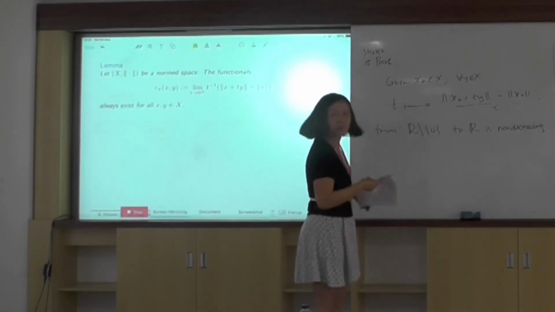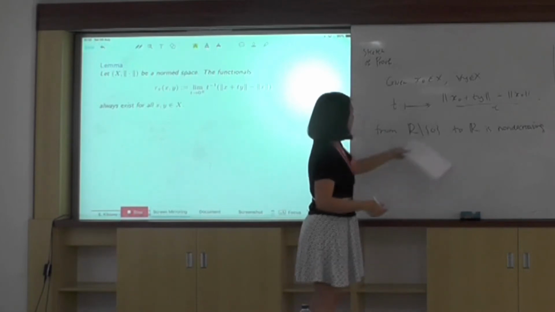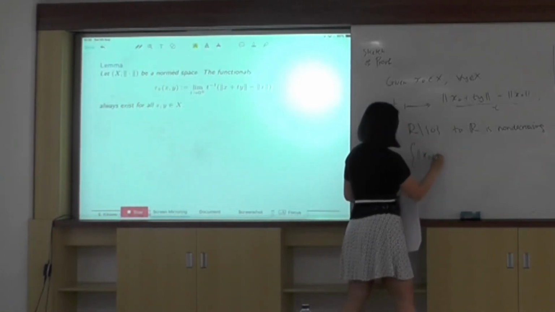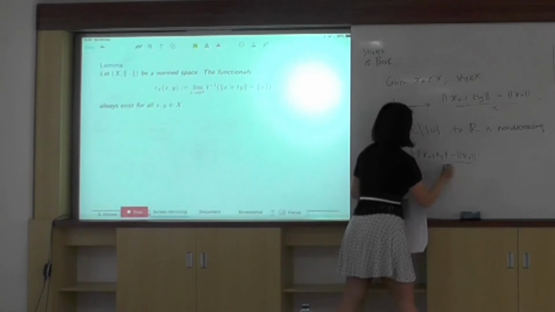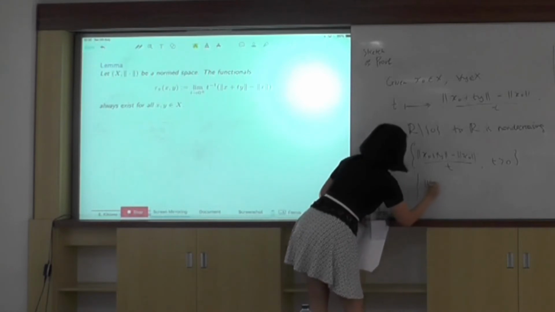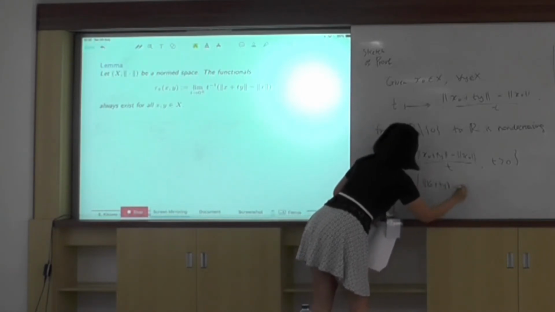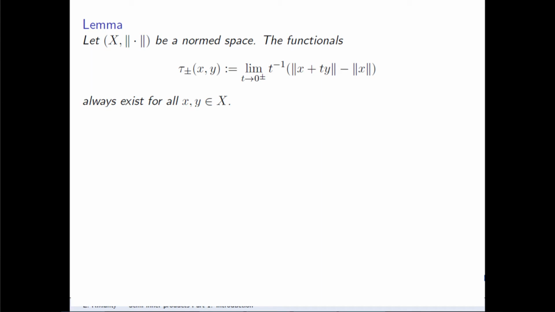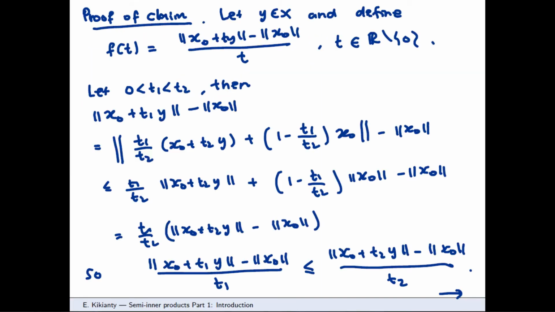I probably will write down the proof and send it to the final slide. And once you know this, then if you look at the following set, t positive, and again a similar set, t negative, because this is non-decreasing, if I take the infimum of this and the supremum of this, they exist, and this will in fact be the limit of that whole thing as t goes to 0 from the right, and the limit of that whole thing as t goes to 0 from the left.